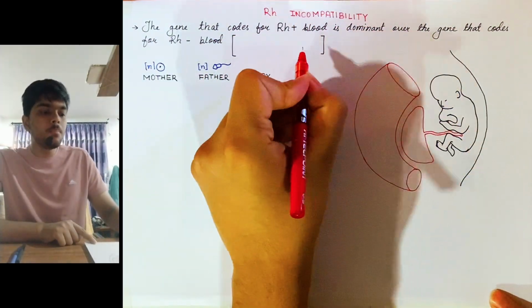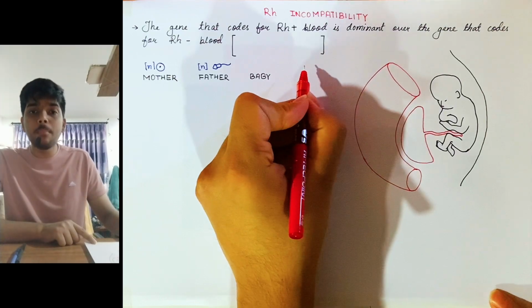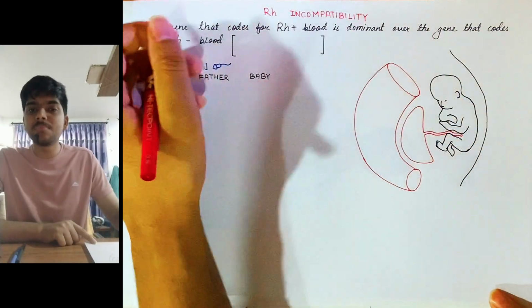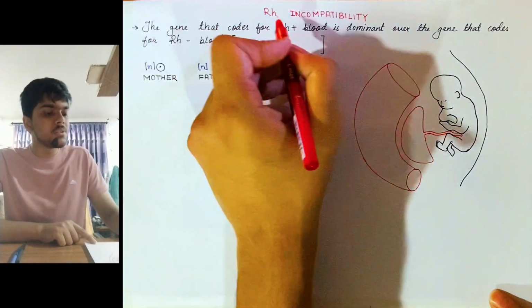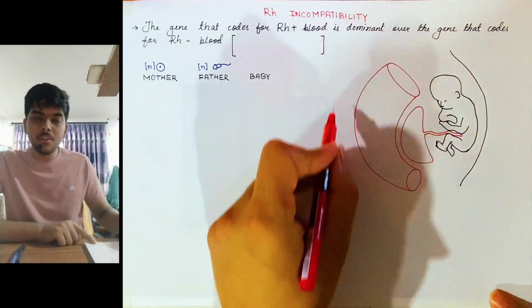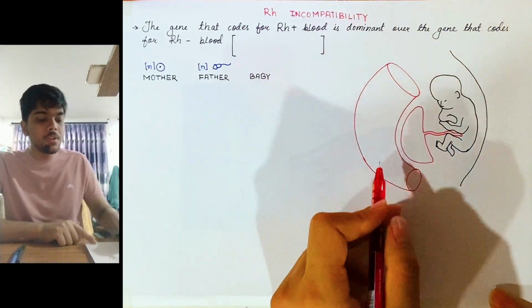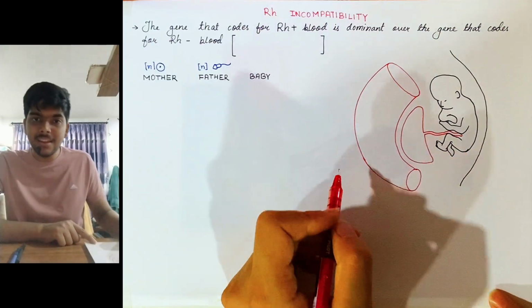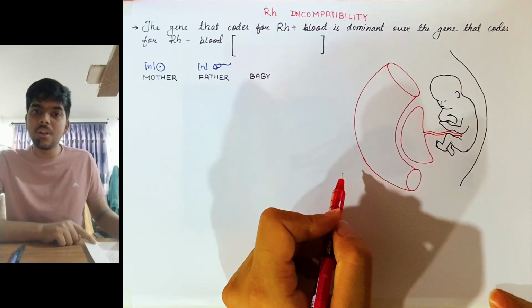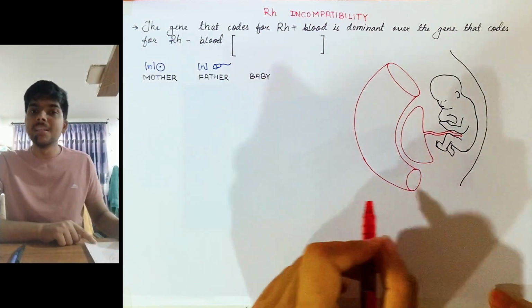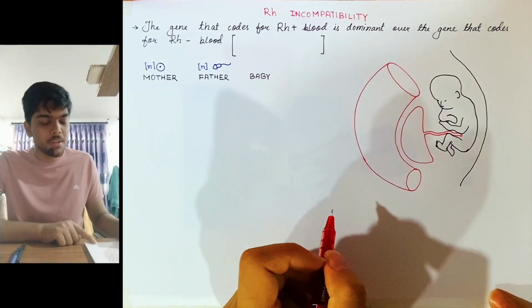When one blood type is incompatible with another blood type due to the presence or absence of RH factor, that's your RH incompatibility. For example, in the case of pregnant women, if one of the two has RH positive blood and the other has RH negative blood, the incompatibility between the blood of the mother and the baby is known as RH incompatibility.